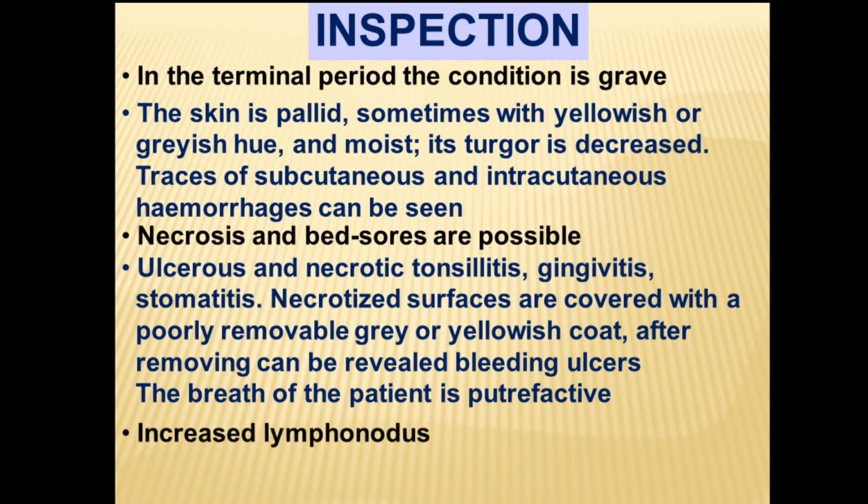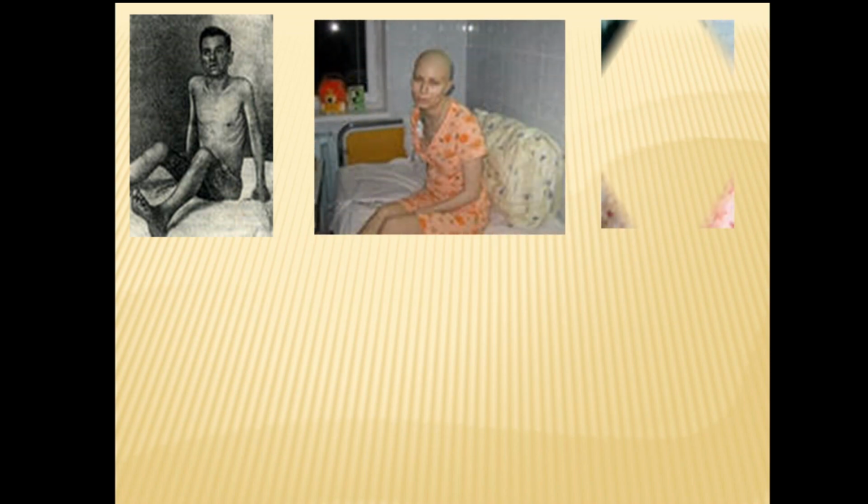We can reveal increased peripheral lymph nodes, especially on the neck and in the supra- and subclavicular and axillary regions. The patient is predisposed to cachexia. You see a patient with progressive leukemia.